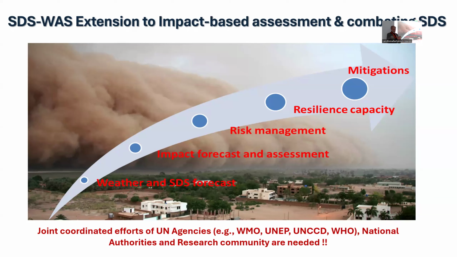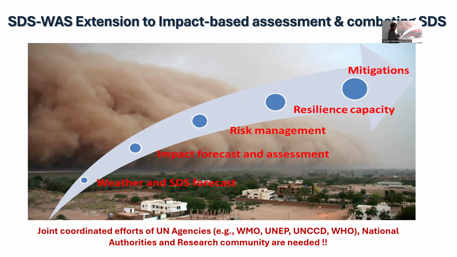What are some extensions and new trends, in my view, as I worked with these issues? Initially the Sand and Dust Storm Warning Advisory System just focused on forecast and integration of observation for prediction, and prediction was just the concentration of sand and dust. But for practical purposes and for understanding of mitigation mechanisms, of course, we need to go further.